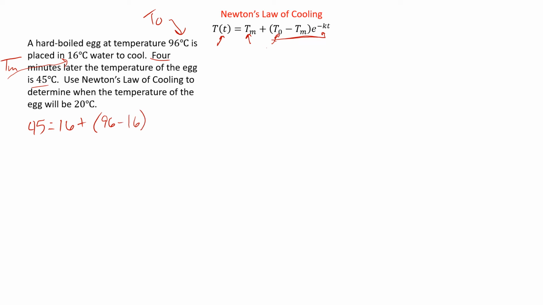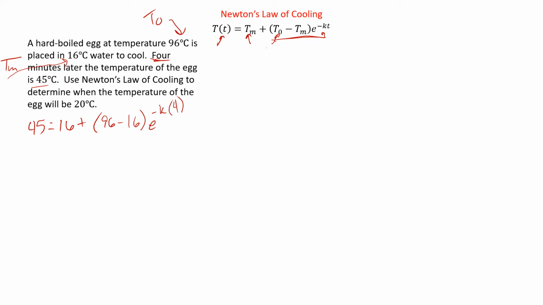Notice that I called it the difference. That's the difference in temperatures, because it's going to cool differently if it's put into 16-degree water as if it was put into 86-degree water. The bigger the difference, the faster it cools. Times e to the negative k, and then t in this case was 4.